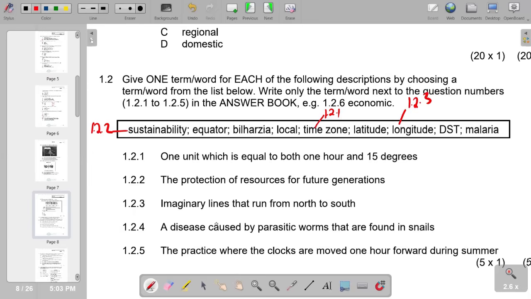And then a disease caused by parasitic worms that are found in snails. This is bilharzia, 1.2.4. The practice where the clocks are moved 1 hour forward during summer is called DST, which is 1.2.5. So this is what we have on 1.2.